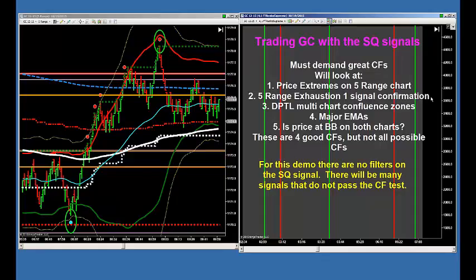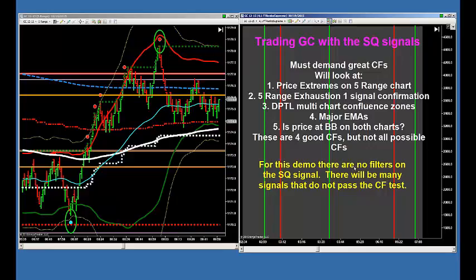So I do use this exhaustion 1 signal, and it is unfiltered. So yes, there are going to be all kinds of little nuisance signals, just like the SQ signals. These are unfiltered signals. That's what this is down at the bottom. So there's a lot of signals to ignore. We're just looking at ones that have really good confirming factors.